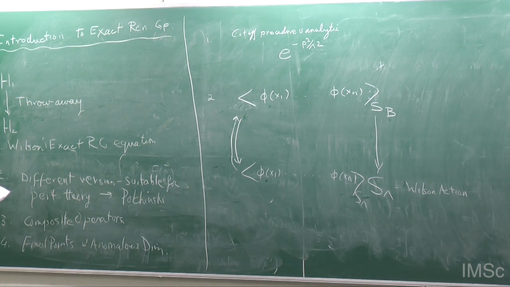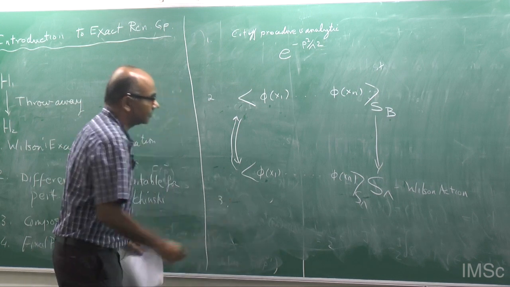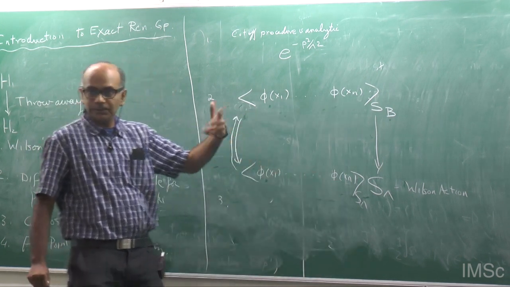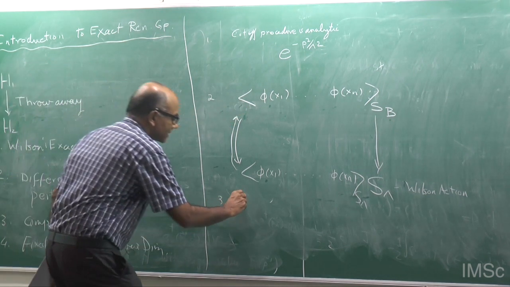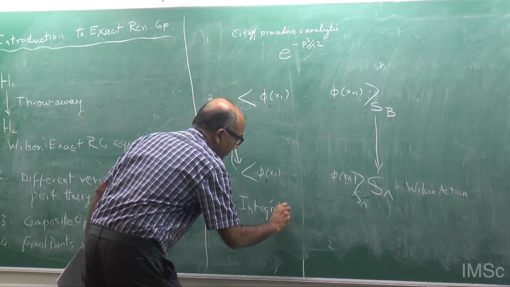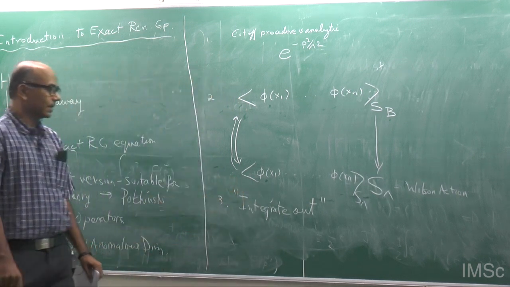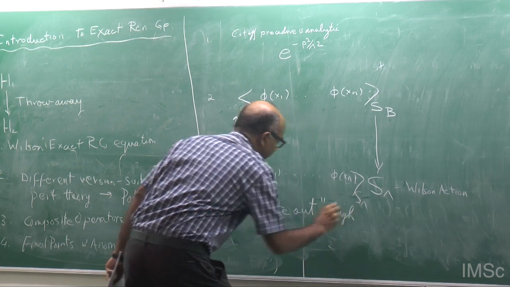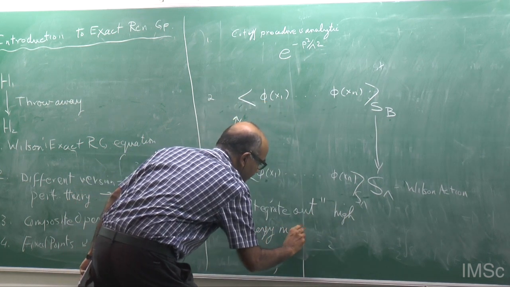Second point, this operation, how do you go from this action to this action? There are two ways to think about it. One way is to integrate out fields. Integrate out the high energy modes.